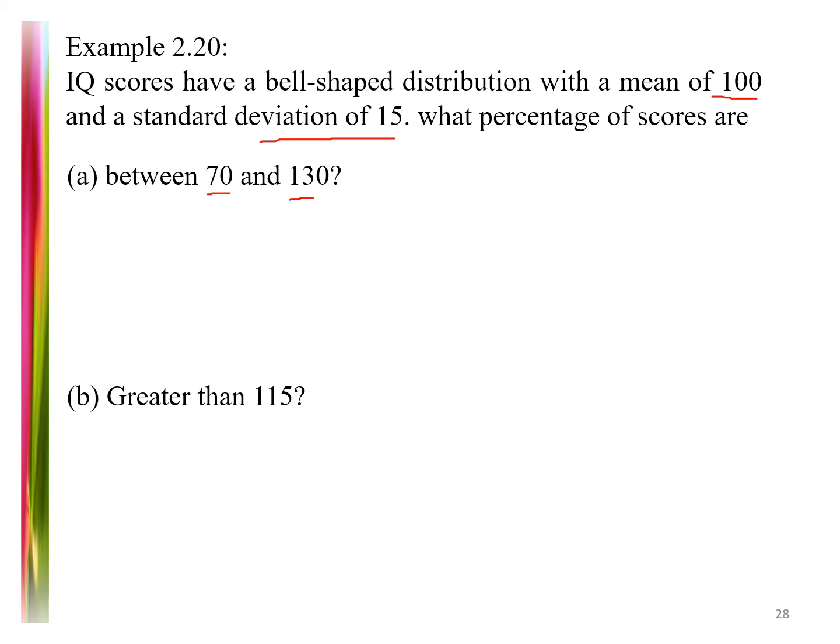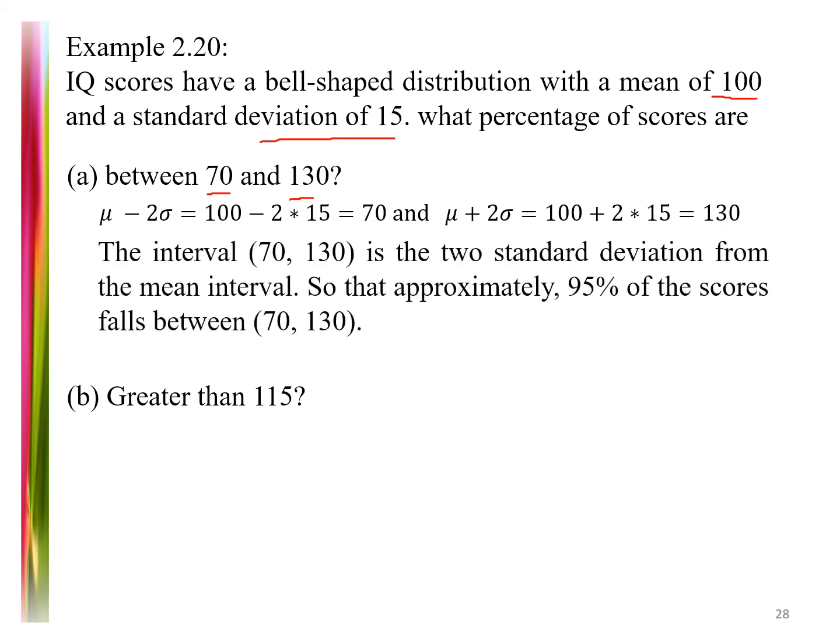You know that 95% of the data falls within two standard deviations. Also, in this case they gave the general mean, so this is a population mean, for the interval 70 to 130. By the empirical rule, we can say 95% of the scores fall between this interval.